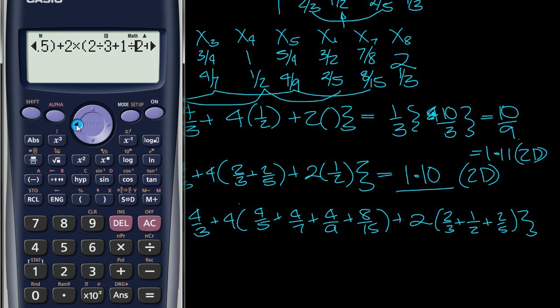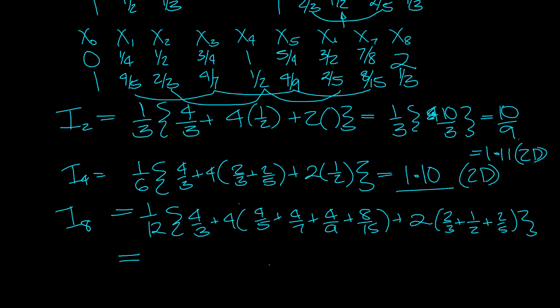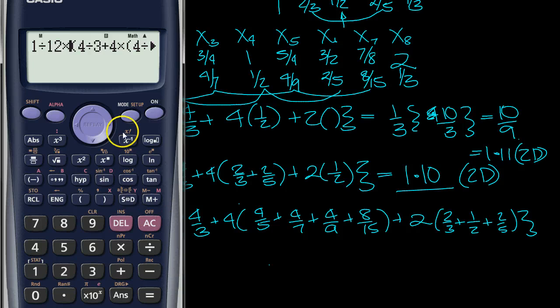Let's just check I've got it all right. I hope I have. So 1 divided by 12 times 4 divided by 3, plus 4 times 4 divided by 5 plus 4/7 plus 4/9 plus 8/15.